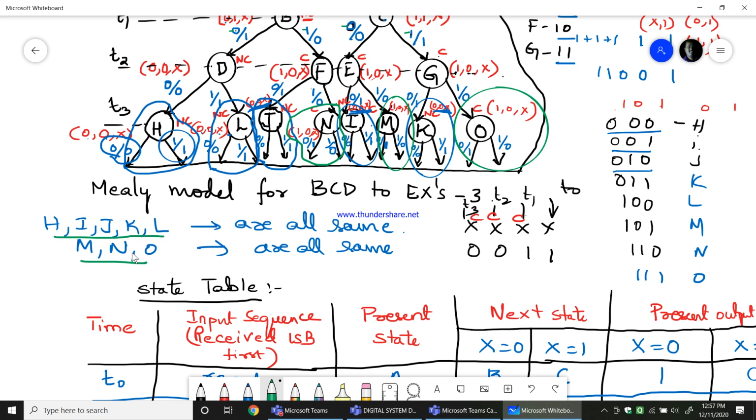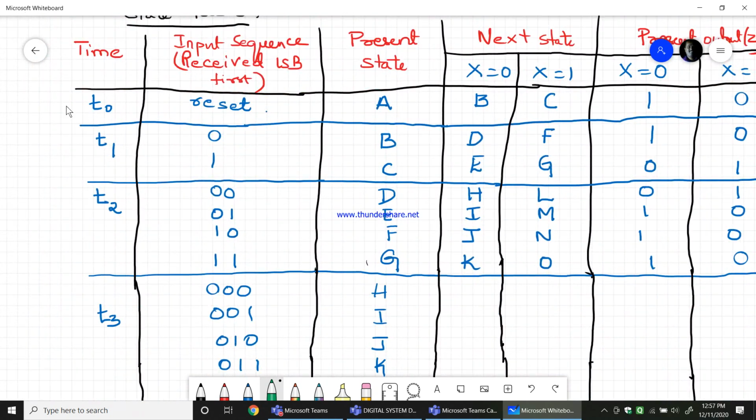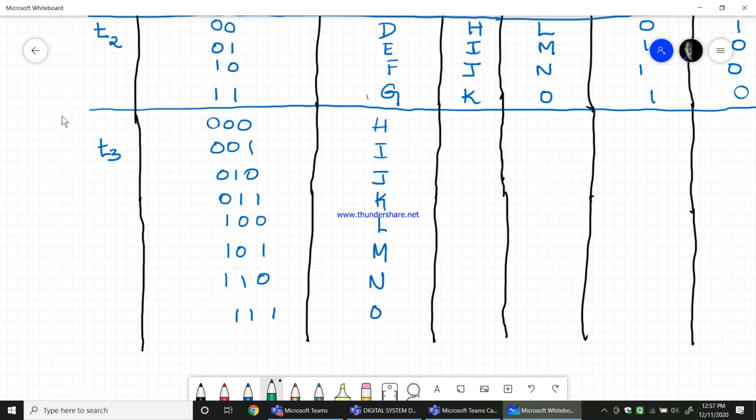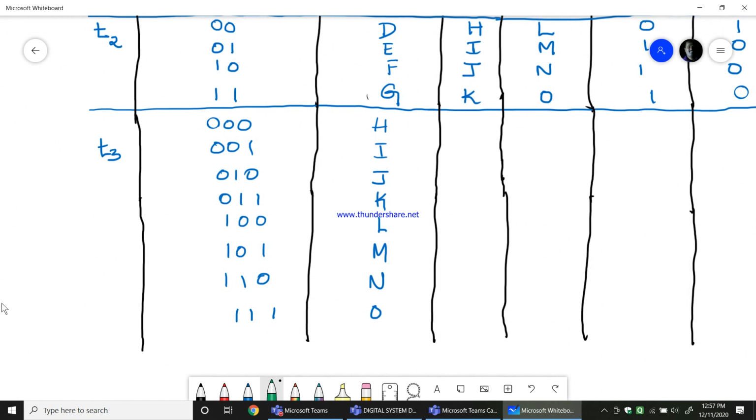So at T3, what I do is, I will not write H, I, J, K, L all three, I will only represent H. Sorry, I have erased M also.